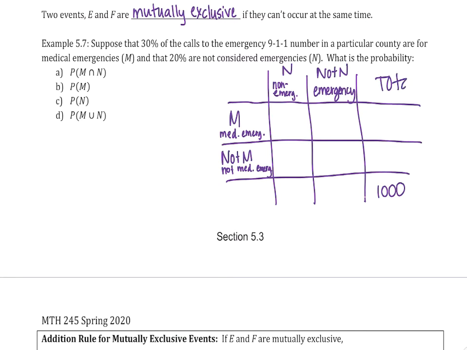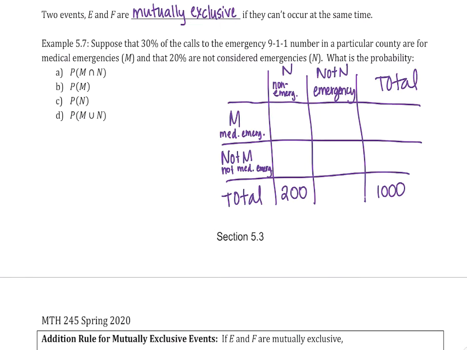So let's look at the information that we were given. We were given medical emergencies and we were given things that were not considered emergencies. So the not emergency was 20%, so that's going to be 200 with our hypothetical 1,000 table. But then let's think about a medical emergency and a non-emergency.